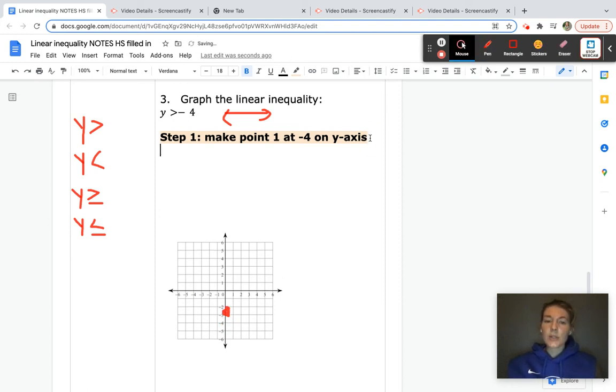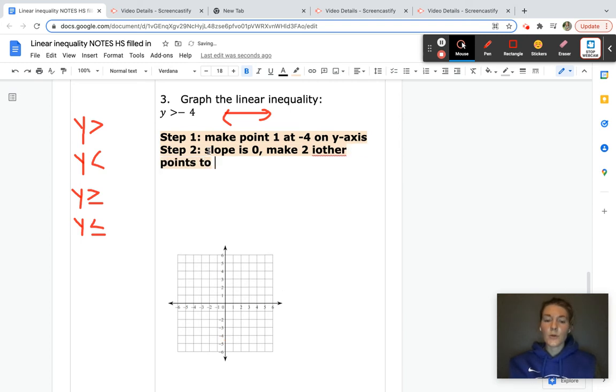Now, step two typically involves the slope, using the slope to get from one number to the next. But here that got mixed up. But horizontal lines only have a slope of 0. So the slope is 0. So make two other points to the right or left of the original point.